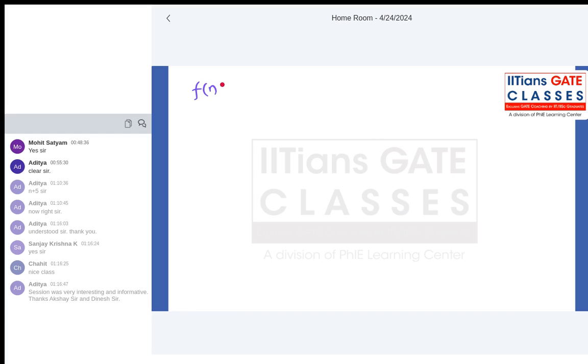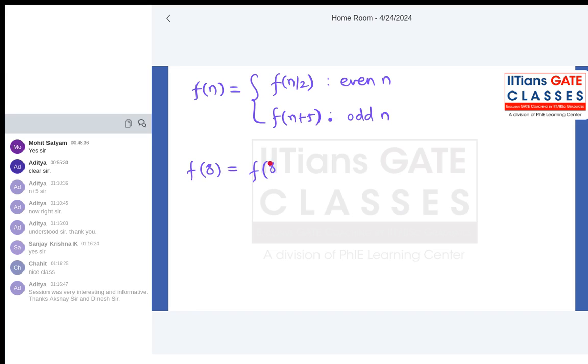Yeah, so the definition is f of n equals n by 2 for even n values, and it is f of n plus 5 for odd n values, right? So when you have f of 8, 8 is an even number, so that will be equal to 8 by 2, which is 4. Now 4 is also an even number, so you have to divide it by 2, because you have to use the first definition for even numbers.